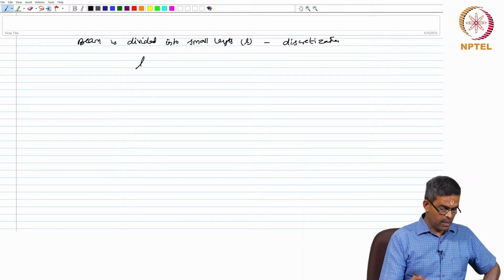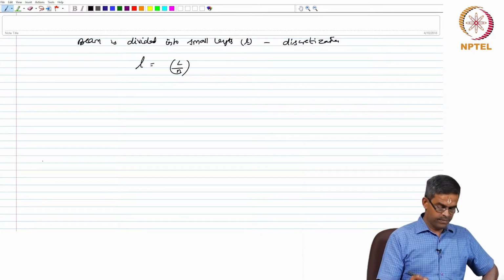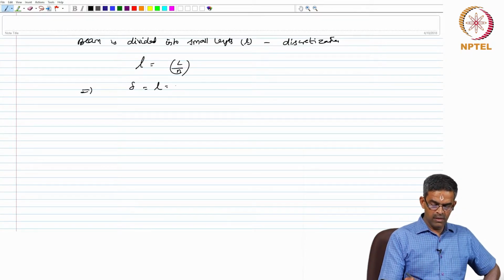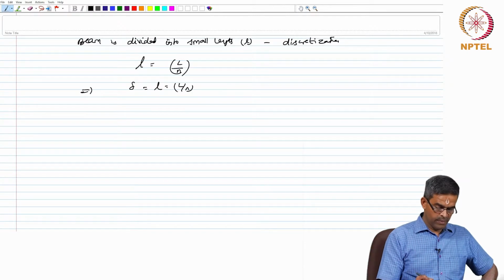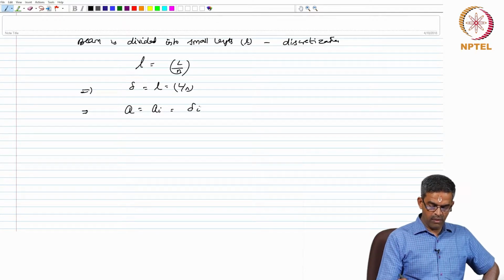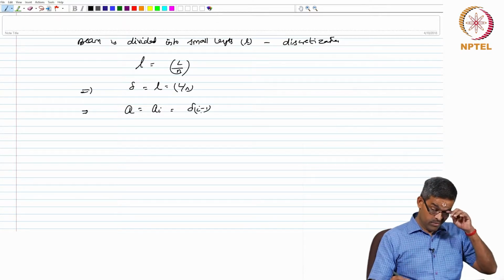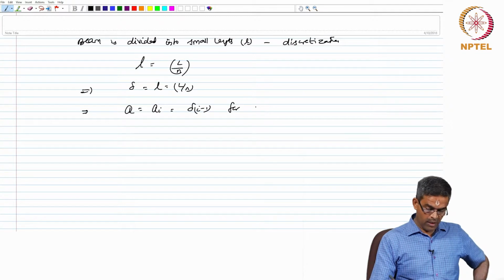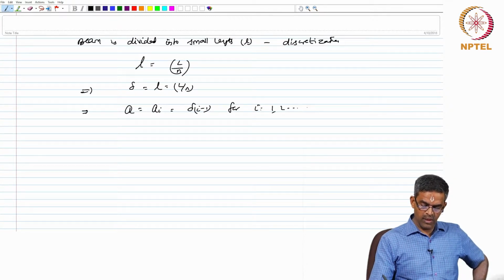Such that delta L is L by N and therefore, A i equals A i minus 1 plus delta L for i equals 1 to N.